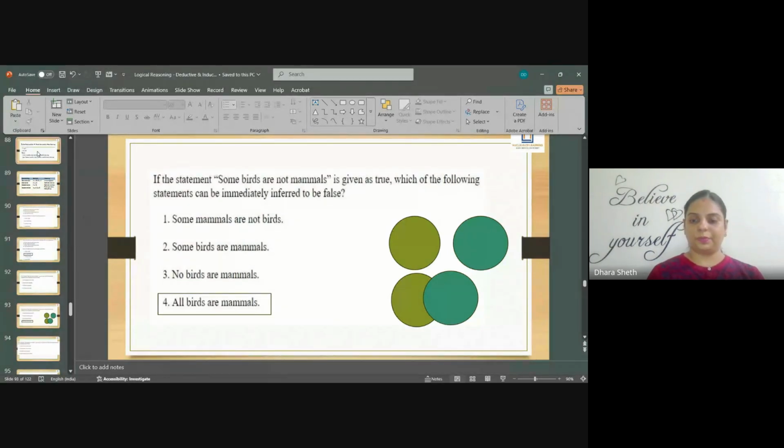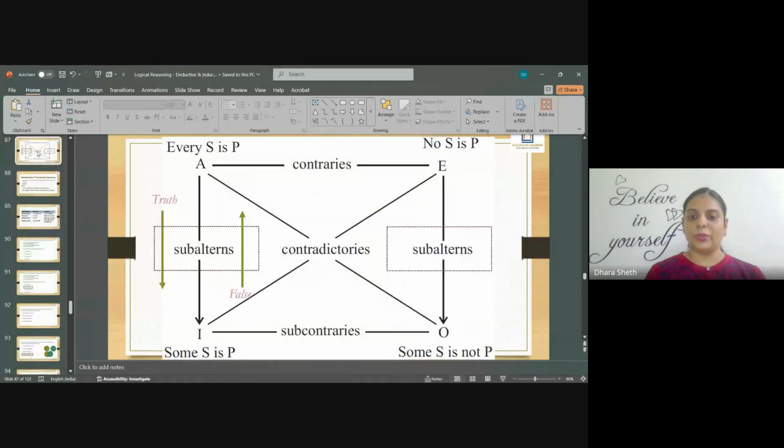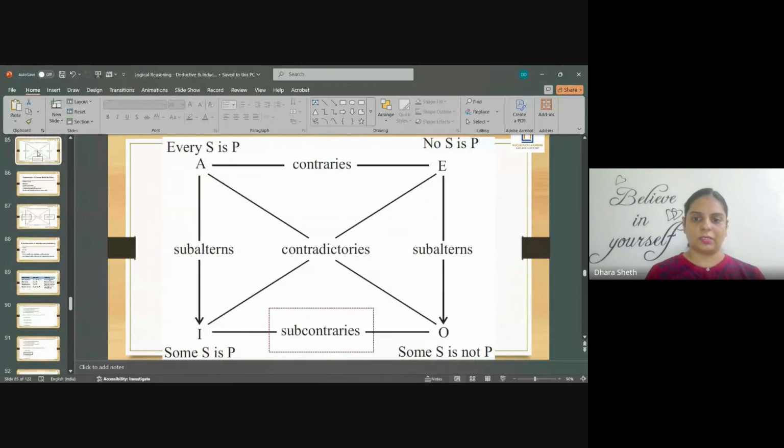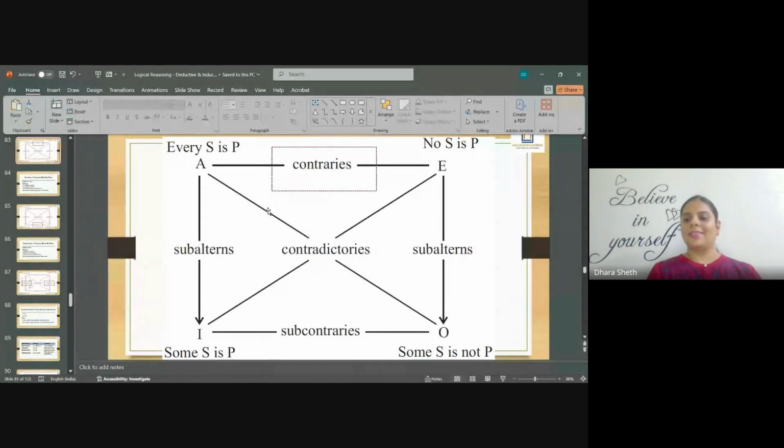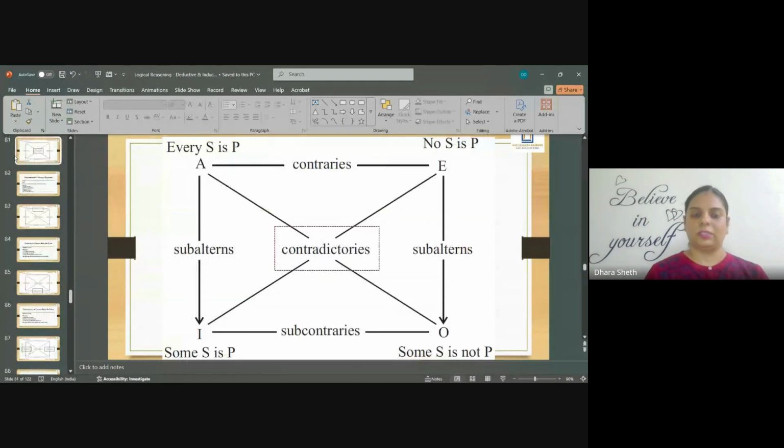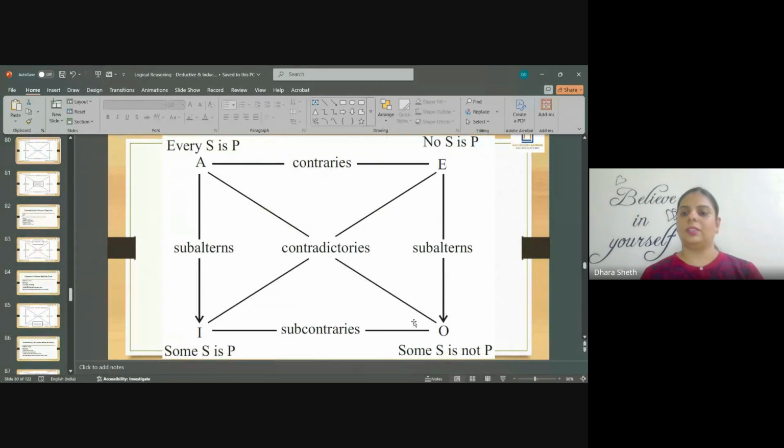Now, using this, some S is not P. Okay? Some S is not P. Here, both can be true. Here, if this is true, then this may or may not be true.